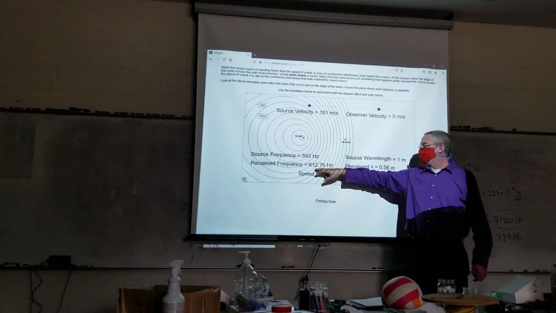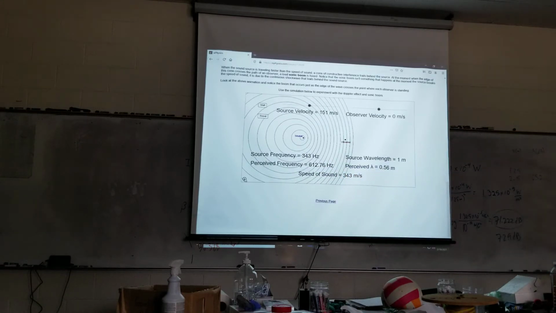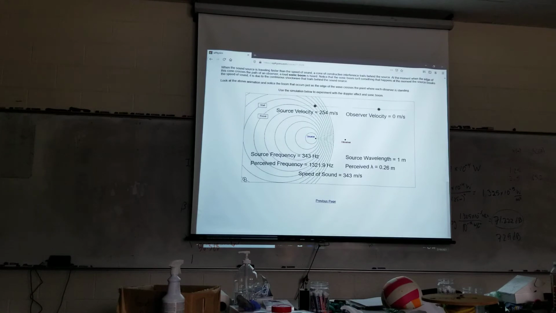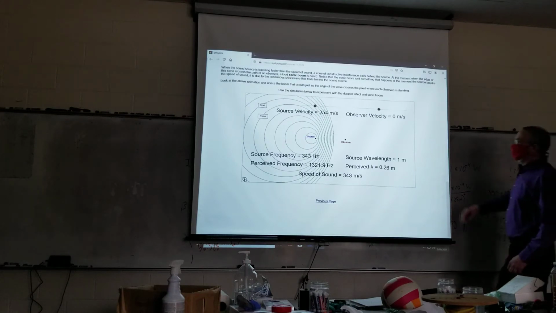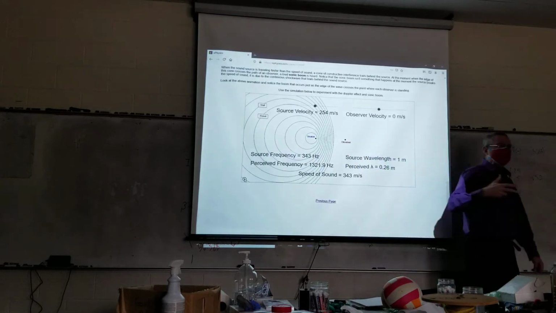So we have a perceived frequency. As you get closer and closer to the speed of sound, we get the sound waves bunched up even more, and recognize that from the point of view of drawing here, the lines represent high pressure.